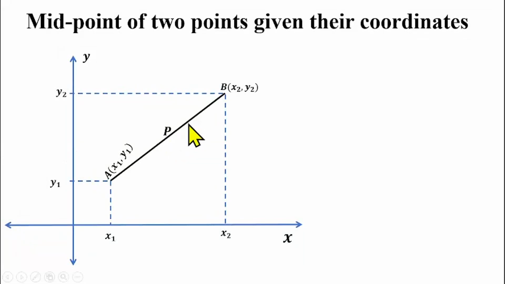That is, this point P will have a value on the x-axis and a value on the y-axis. So let's assume that the coordinate of point P is x, y.